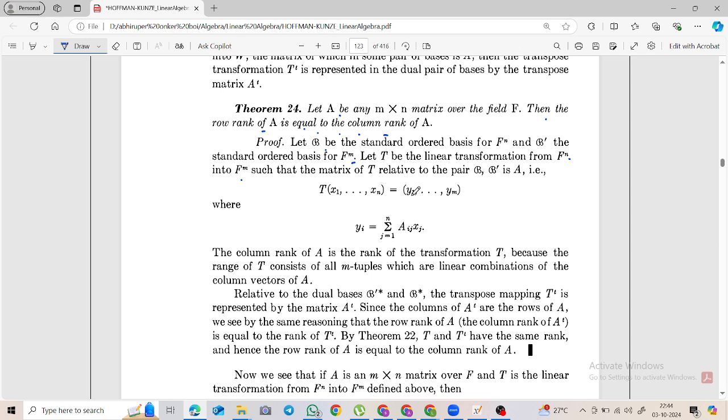So T is defined in an obvious manner. The column rank of A is the rank of the linear transformation T, because the range of T consists of all m-tuples, right? And relative to the dual bases beta prime star and beta star, the transpose mapping T transpose is represented by the matrix A transpose.